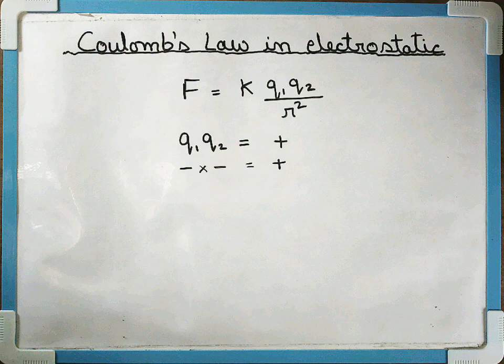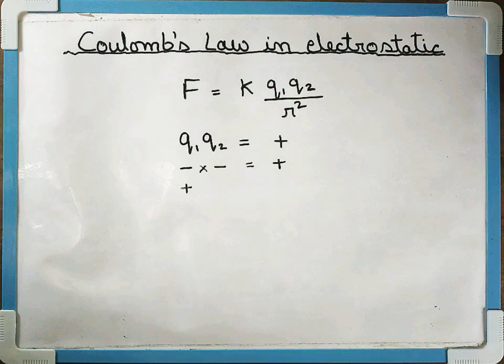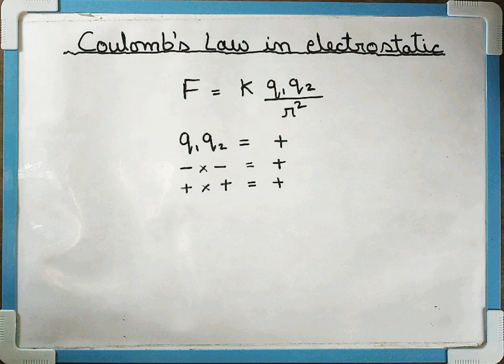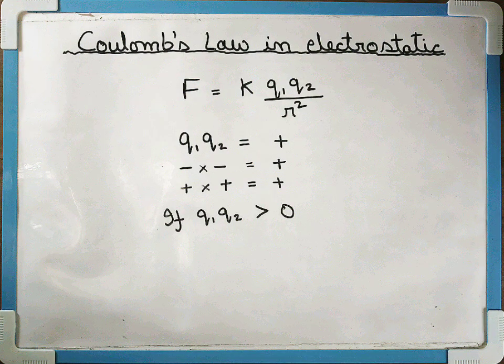So if we take the product negative and negative, you'll get a positive. If we take the product positive and positive, you also get a positive. So if the product Q1 into Q2 is positive, or in other words, Q1 Q2 is greater than 0, then the nature of the force is repulsive.